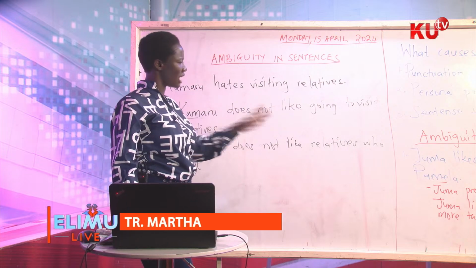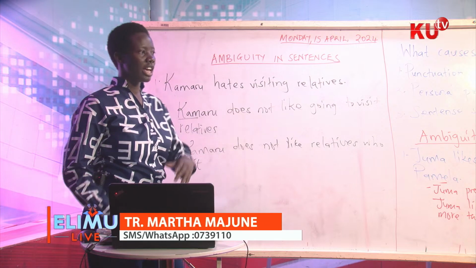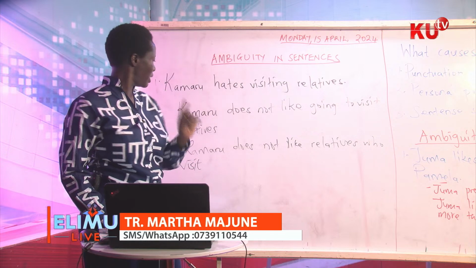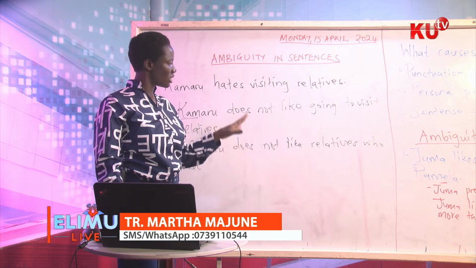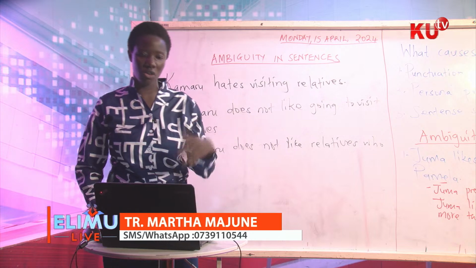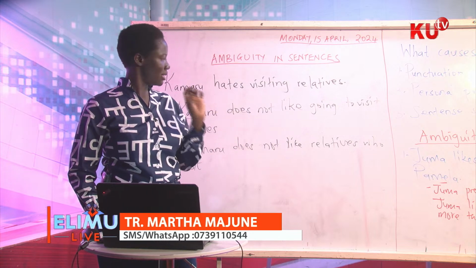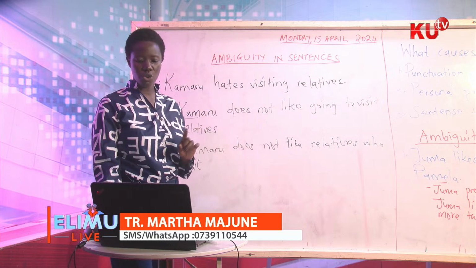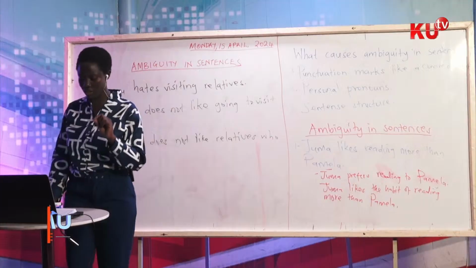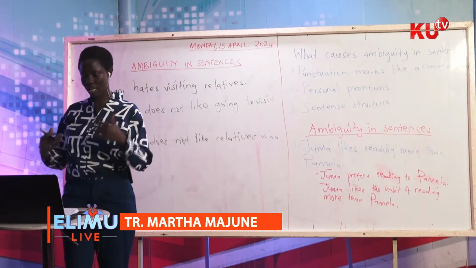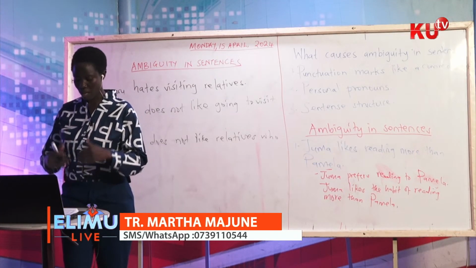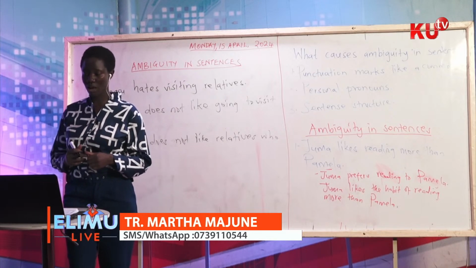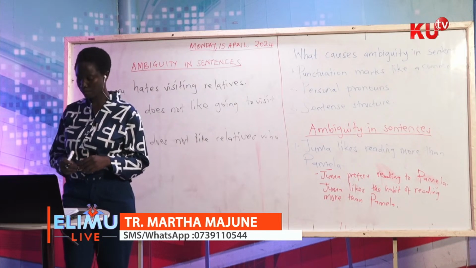Kamau does not like leaving his house and going to visit relatives. And the second meaning is that Kamau does not like relatives who go to his home to visit him. So for you to give the two possible meanings of the sentence, you have to understand the sentence and give the two possible meanings that come from it.